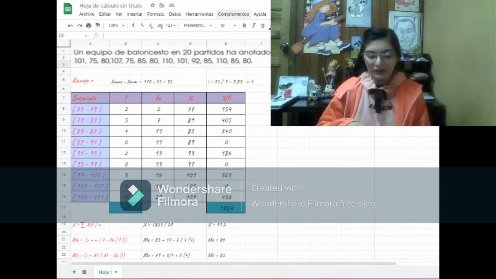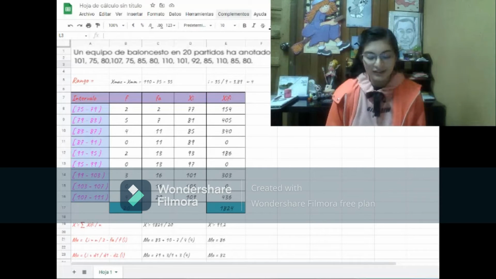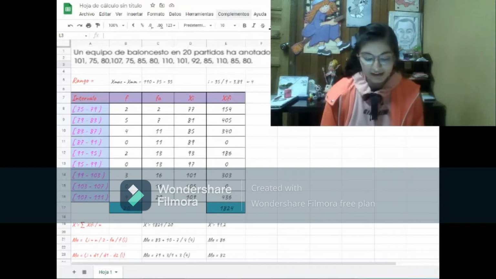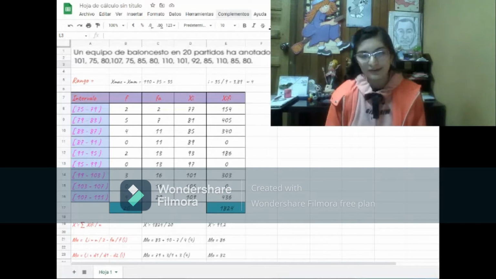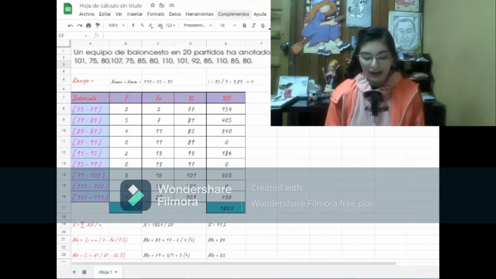Later, we have to multiply xi by fi. So the result is going to be 154, 405, 340, 0, 186, 0, 303, 0, and 436.